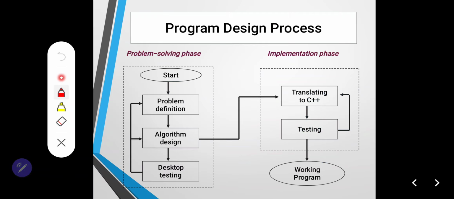Program design process. If you want to solve your problem, you can see this flowchart. This is the start, and here is the finish, the completion of your program, where you can see the result. This flowchart shows how your program will execute your code.